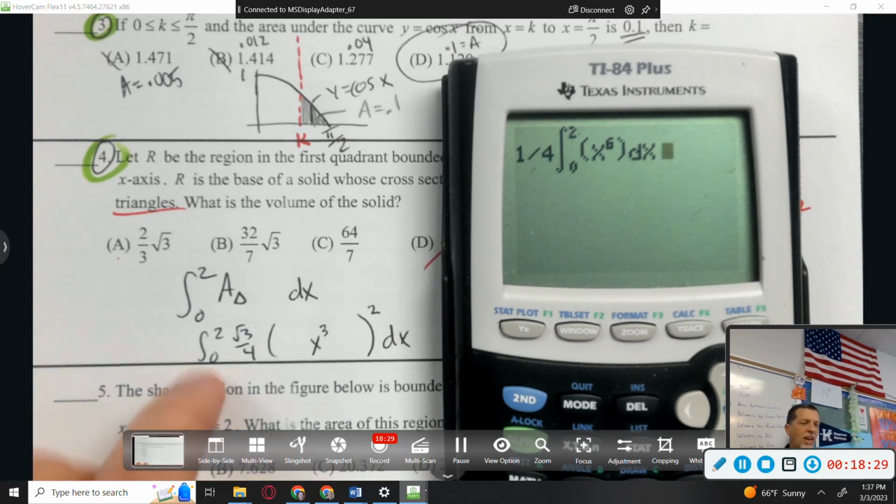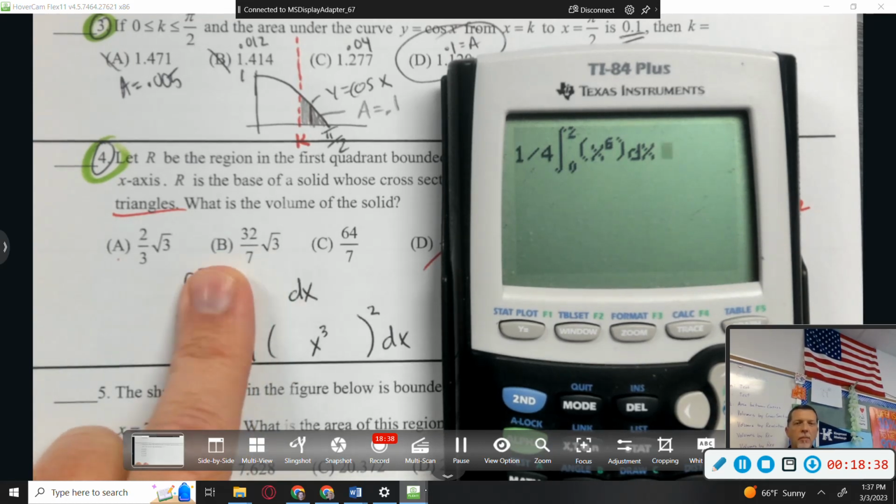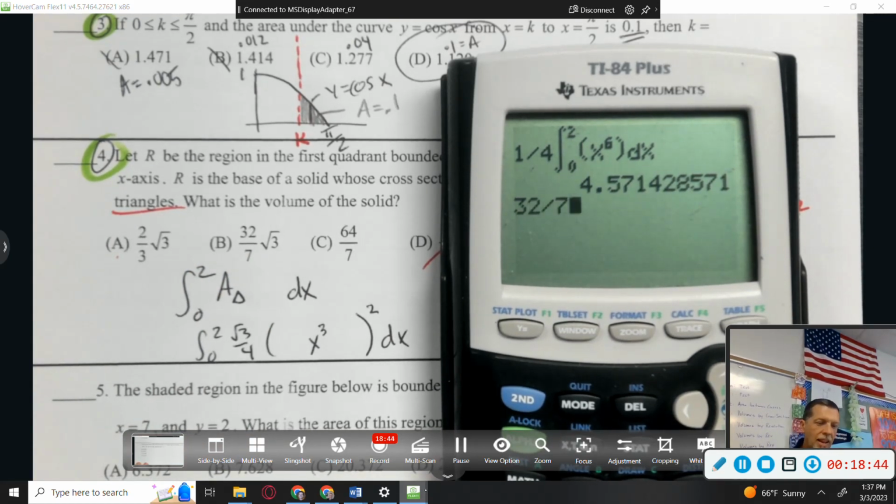I'm thinking the 7 now, right? Because the antiderivative of x to the 6 is going to be x to the 7 over 7. So I'm betting on B here. 32 divided by 7, is that the same thing? Yep.